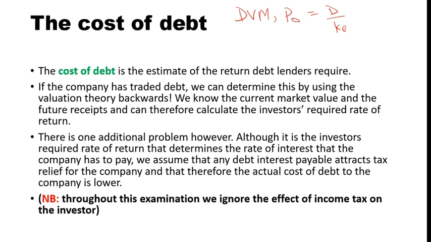Thus the market value of the share was equal to the present value of the dividends, discounted at the company's cost of equity, which is actually the present value of a perpetuity.